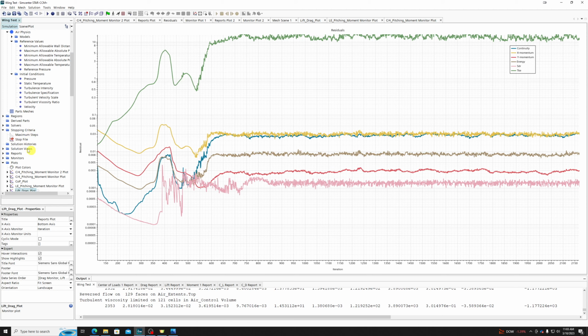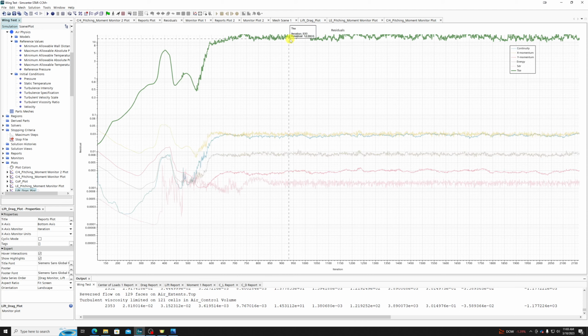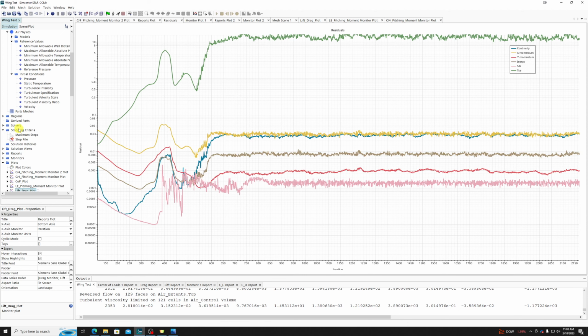In other points, it's leaving a lot behind. And this number is basically how much it's leaving off of that series expansion everywhere in the simulation. So if we want to look at where these residuals are coming from the most, we need to do a couple things. This is a little bit of a more advanced step, but can be invaluable for troubleshooting if you don't have an idea of where the problem is.